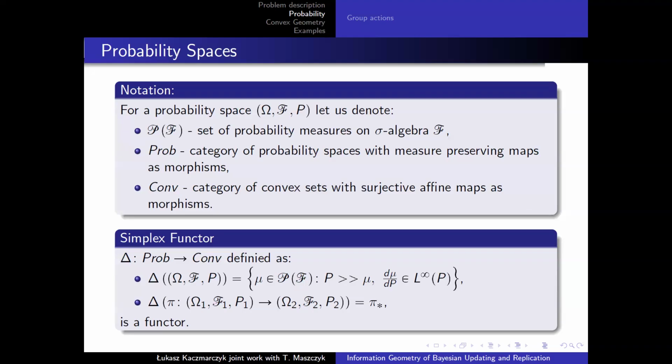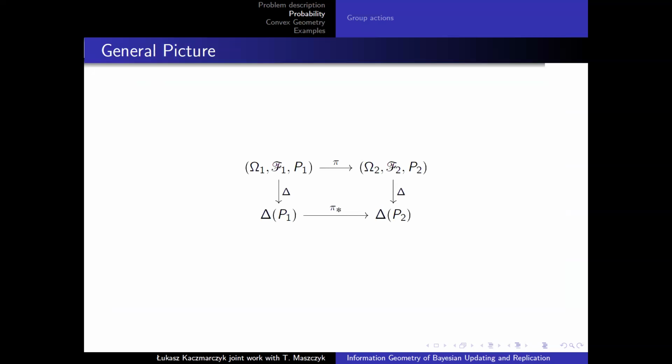And it's a simple calculation showing that this assignment creates a functor from probability spaces to convex sets. So for now, we managed to gain a simple structure from probability spaces. We advanced to something that we'll think of as the simplest, even though it is infinite dimensional, and for now, at least without any topology on it.